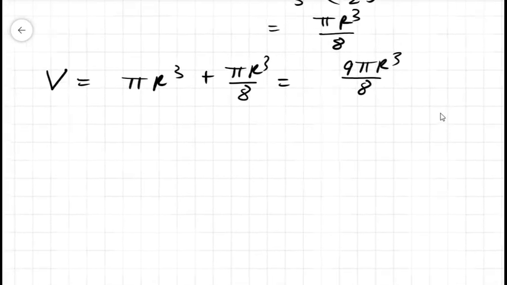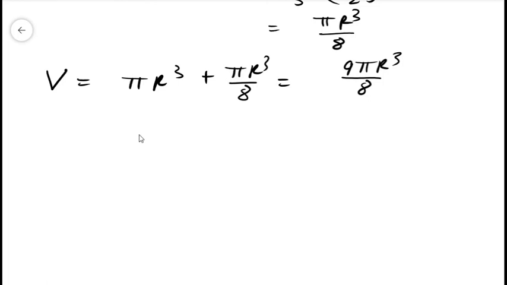Now the Archimedes principle says that the buoyant force will be equal to the weight of the liquid which is displaced by the material. So the weight of the material is the volume times the density times the acceleration due to gravity.